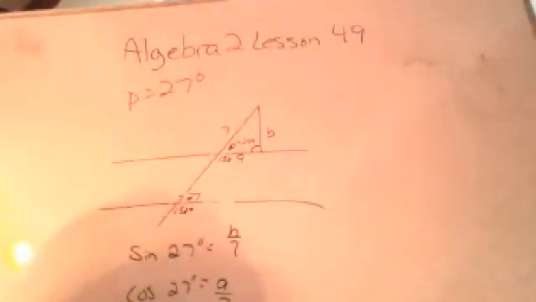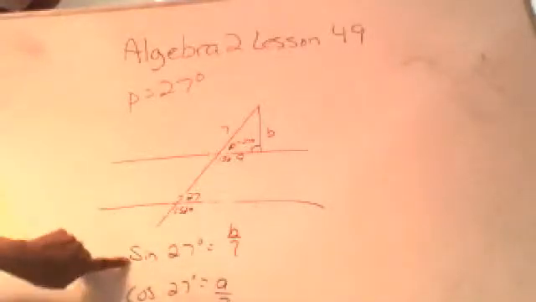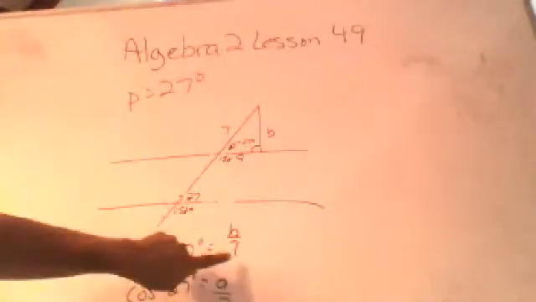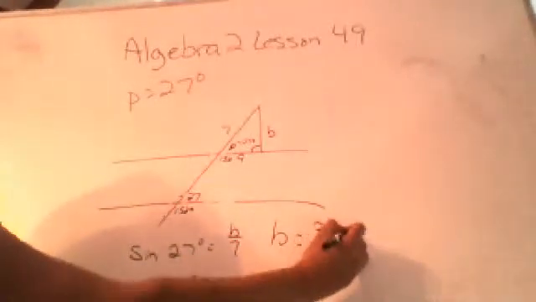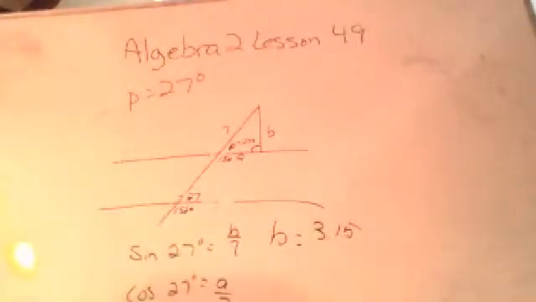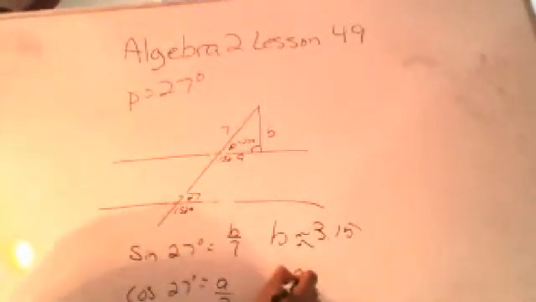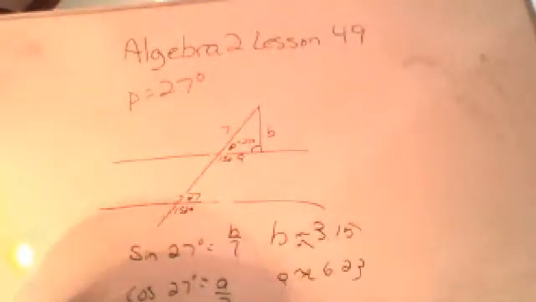And tangent of 27 degrees equals B over A. Well, these have two unknowns, so that's not going to help us. But I can go in my calculator and punch in sine of 27 degrees, and then multiply it by 7. And I would get B is equal to 3.15. And A is equal to 6.23.